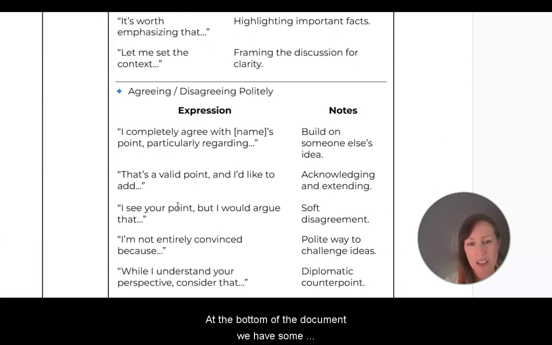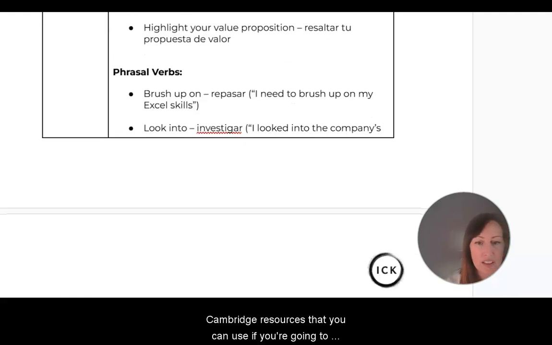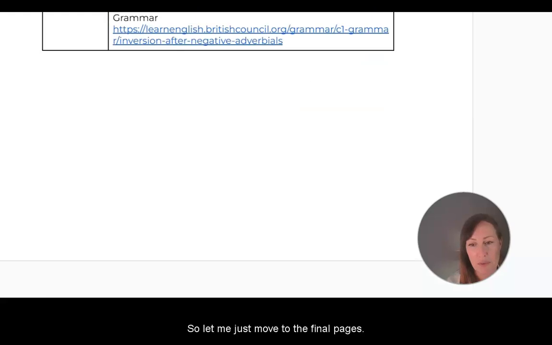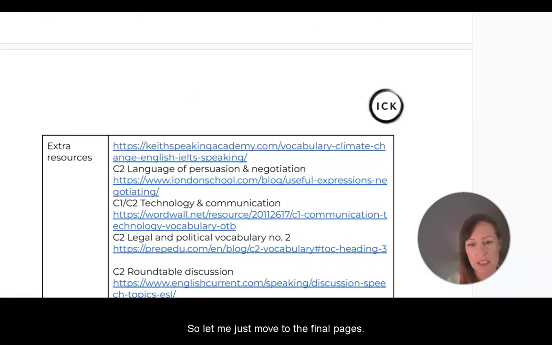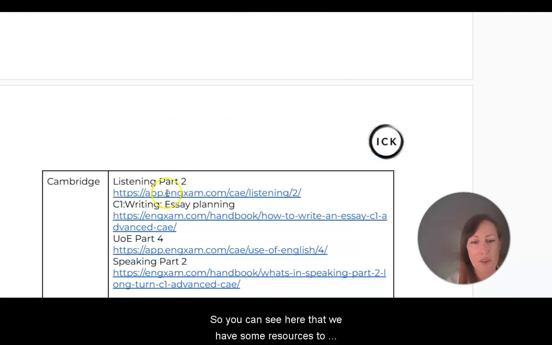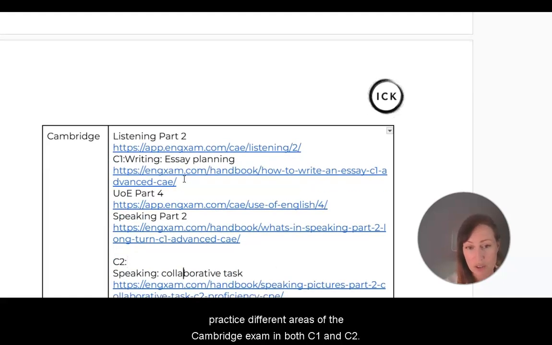At the bottom of the document, we have some Cambridge resources that you can use if you're going to do the Cambridge exam. So let me just move to the final pages. So you can see here that we have some resources to practice different areas of the Cambridge exam in both C1 and C2.